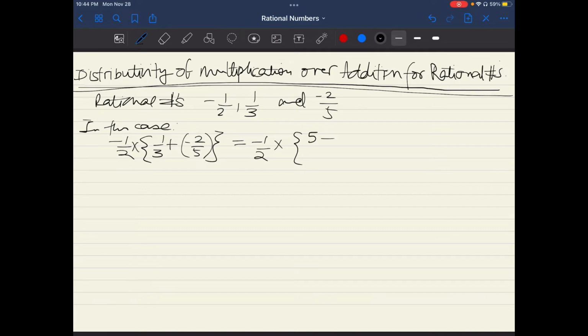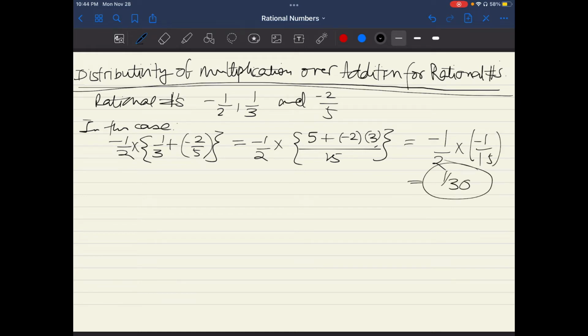(3 plus minus 6) over 15, which is minus 1 over 2 times minus 1 over 15, which is 1 over 30.